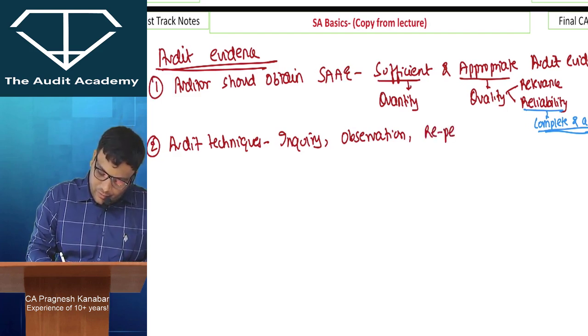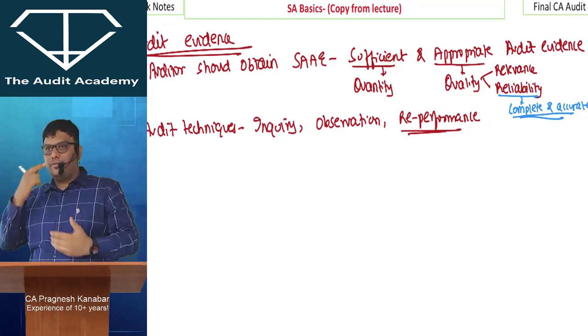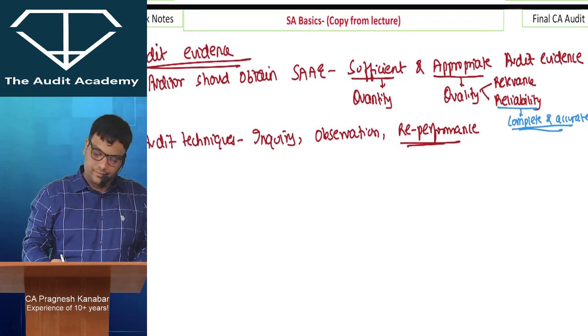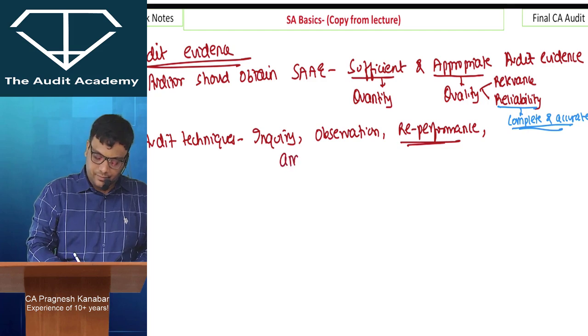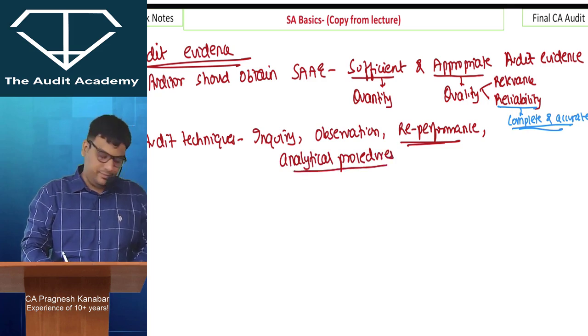Reperformance. What is reperformance? We will ask the client what they have done from start to end, and then we will redo it. Then analytical procedures: ratios, comparisons, trend analysis.